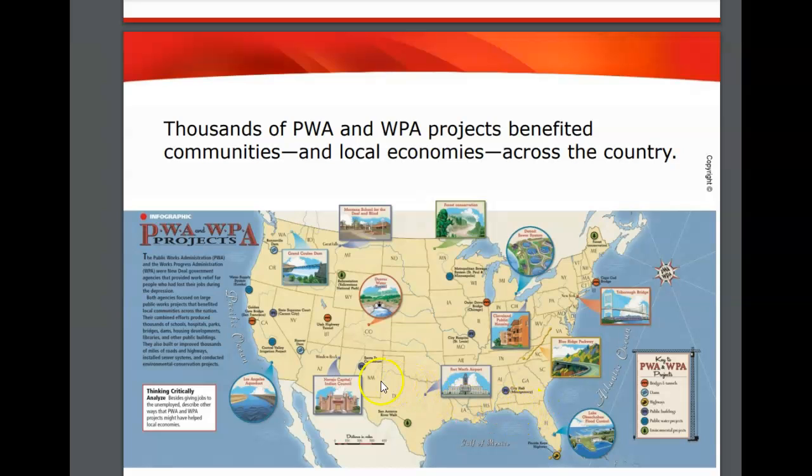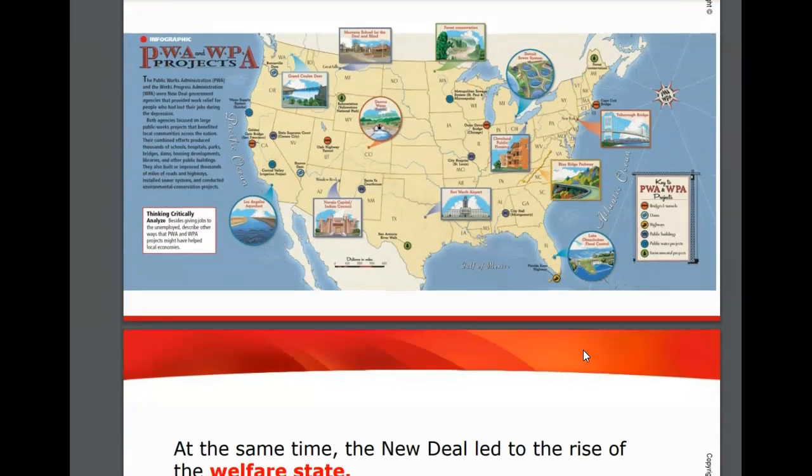You notice that whether it was the southwestern part of the country, LA, Arizona, or the northern part, you see in Minnesota, this is where the Civilian Conservation Corps branch in Minnesota was located, up near Bemidji, or out east, right? There were many different kinds of projects out east. So every part of the country was affected by the New Deal in some way, specifically the PWA and the WPA, right?